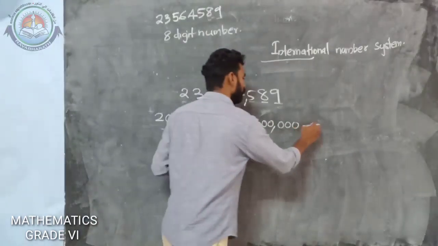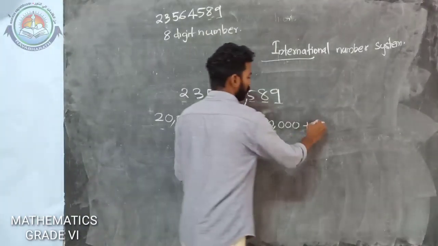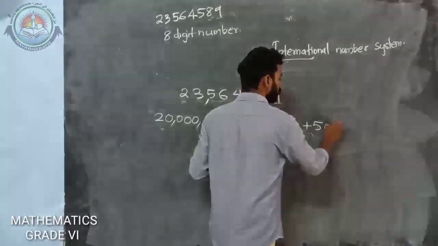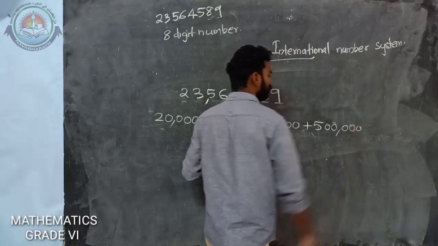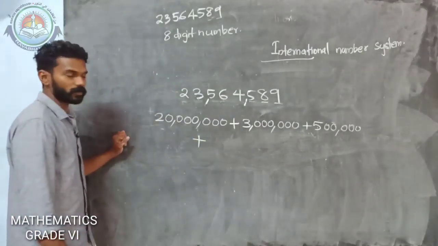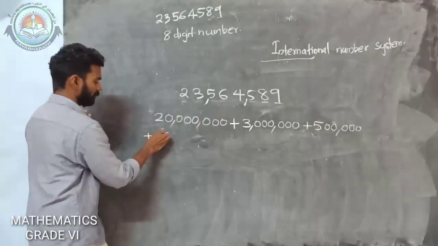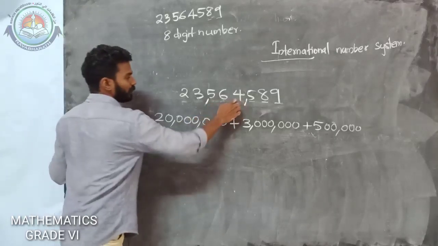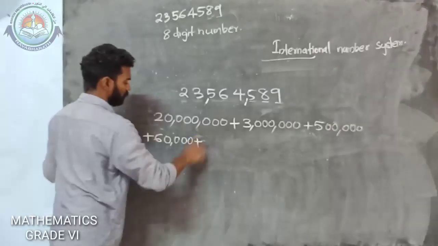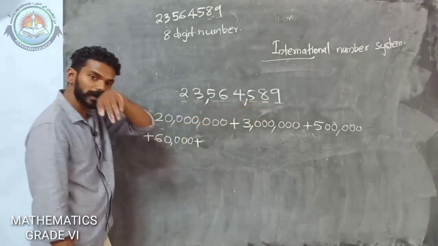Now there would be a plus sign. Which digit comes next? 5. All the remaining would be 0. 2 zeros, then a comma, again 3 zeros. The next plus is put here, which is the digit 6. The remaining digits must be 0. And this would represent 60,000s.